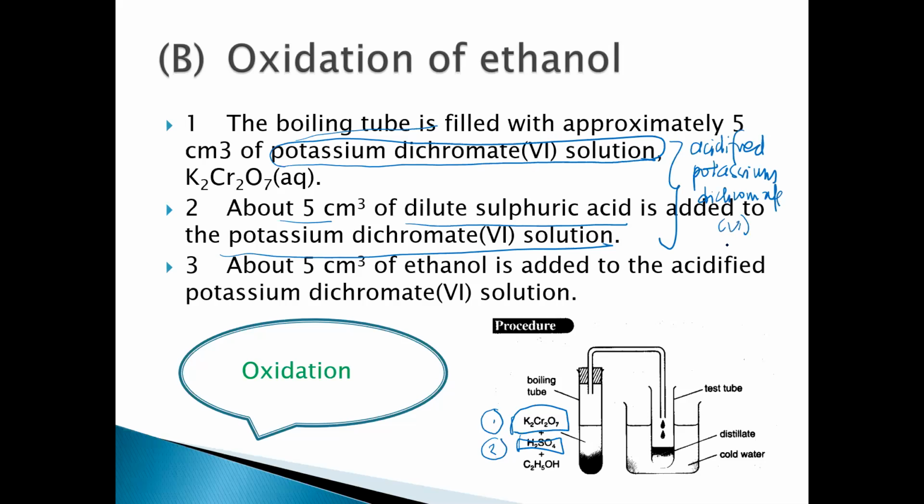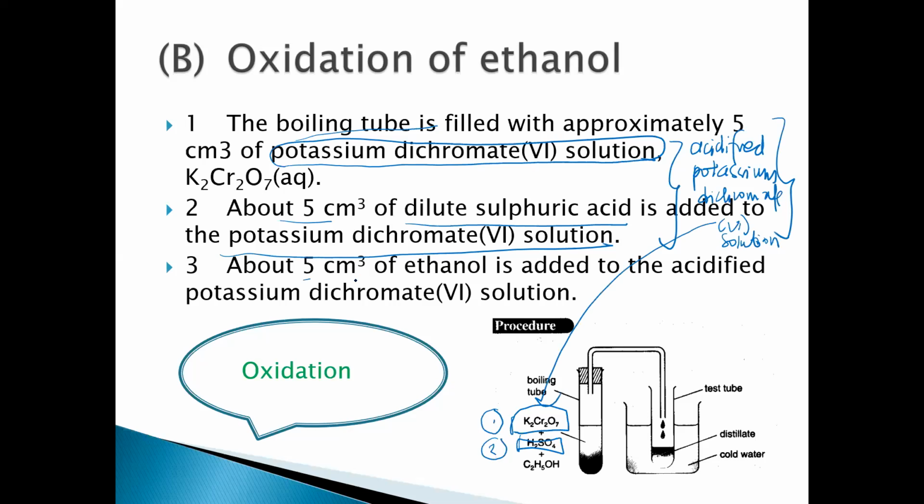In my lab, I do not have a chemical named acidified potassium dichromate 6 solution. But what the teacher has is potassium dichromate 6 solution and sulfuric acid. The teacher adds the two, and I get this substance that you must put inside this.